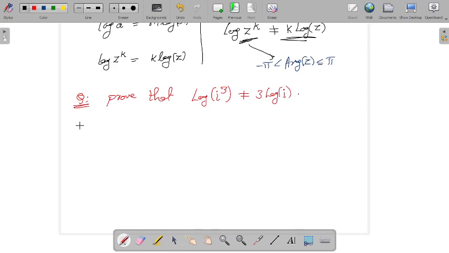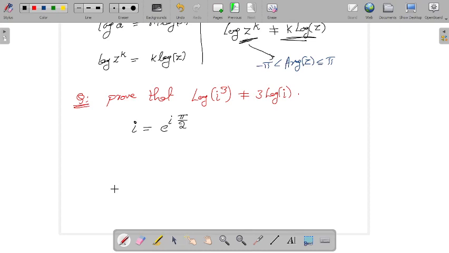Now first of all, let's write what i is. i in the Euler form is nothing but e power i pi by 2. I'm writing its principal value. And i cube is nothing but e power i pi by 2, whole cube.